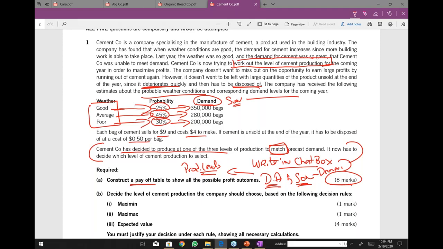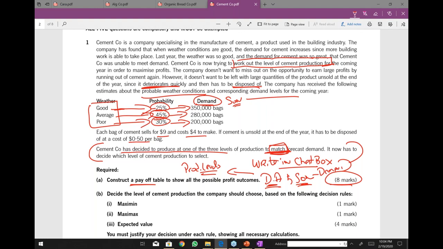But the question is how many production levels they have between which they have to decide? The question said that they will match the production with the demand. Now, what does matching mean?